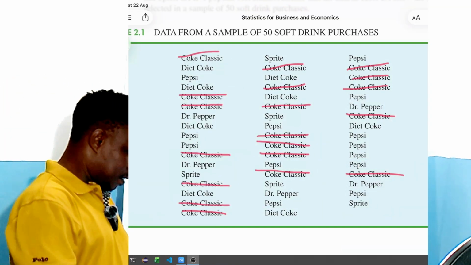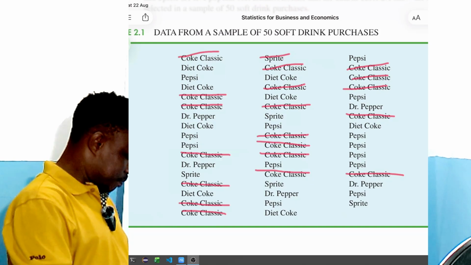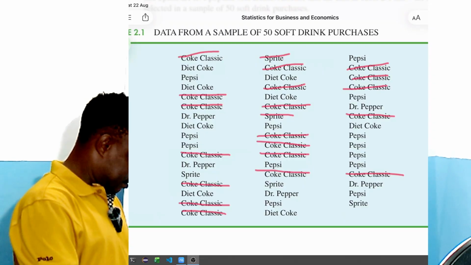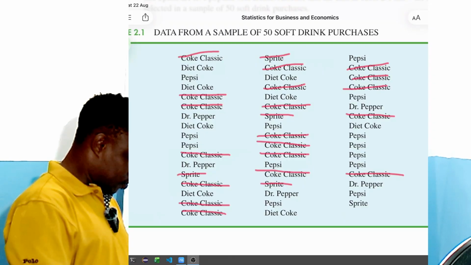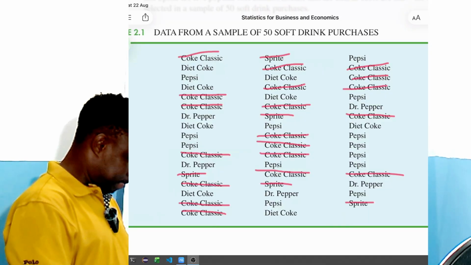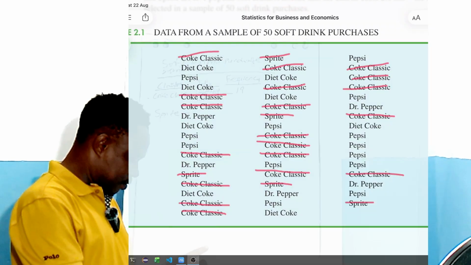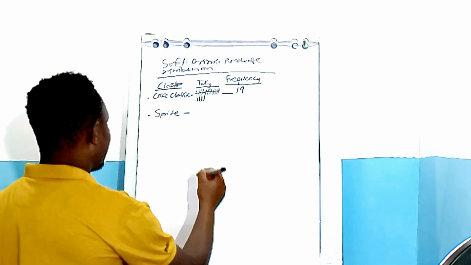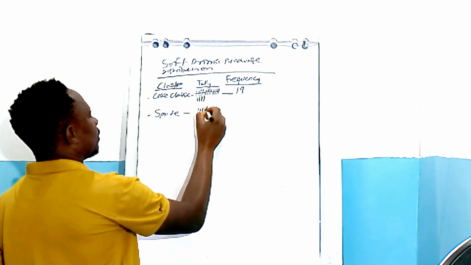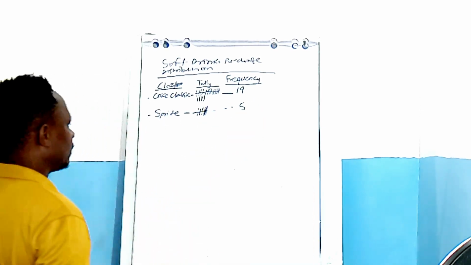So here we have 1 Sprite, 2 Sprite, 3 Sprite, 4 Sprite. Look in between, there is no other Sprite. So actually we have 1, 2, 3, 4. The 5 really crosses, so we can write it as 5 Sprite.